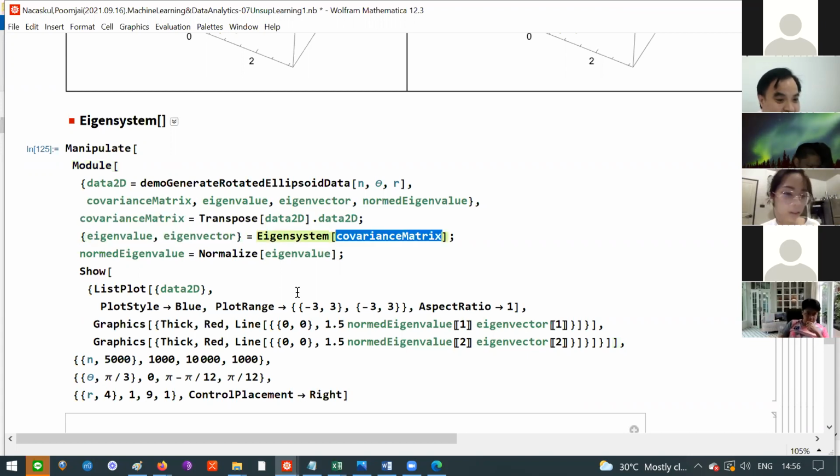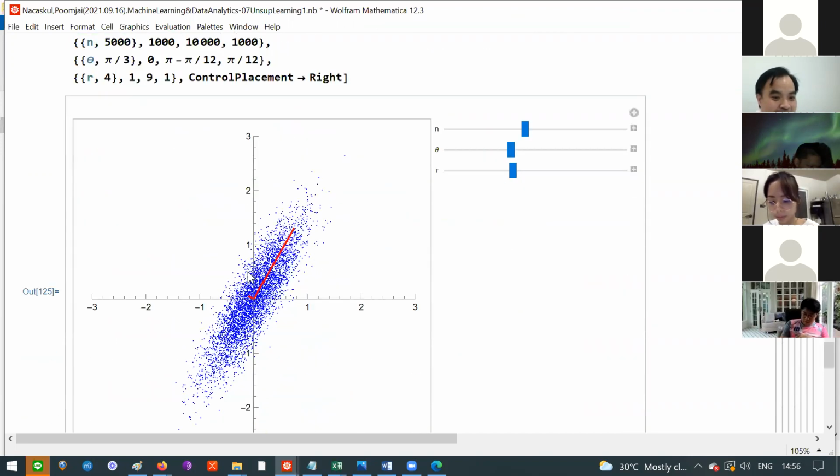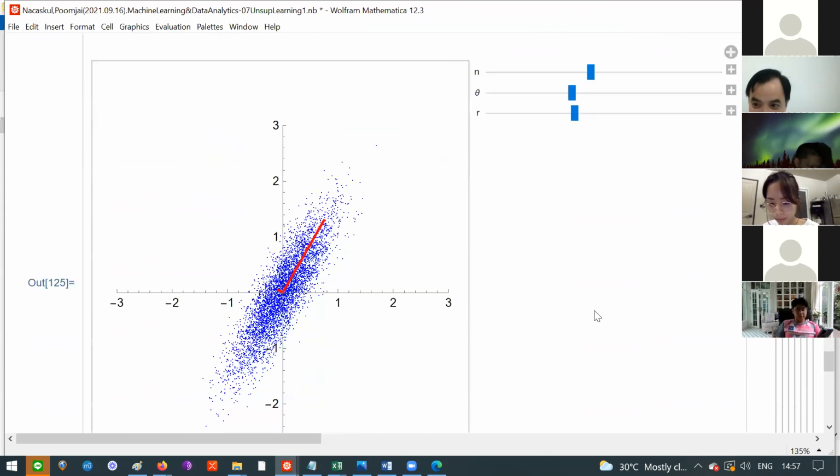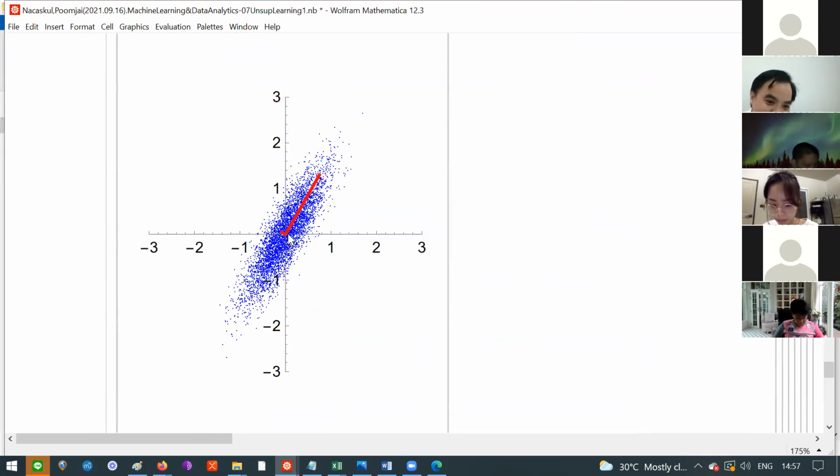Then I look at how they multiply. Let me make it as big as possible. This is my first principal component. Because this data set only has 2 dimensions, I only have 2 principal components, first and second. But notice the second is much shorter than the bigger one. The first principal component is huge.